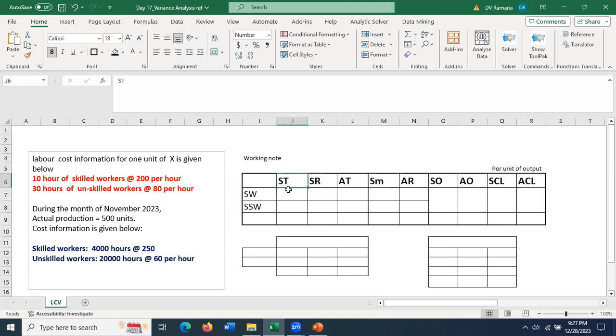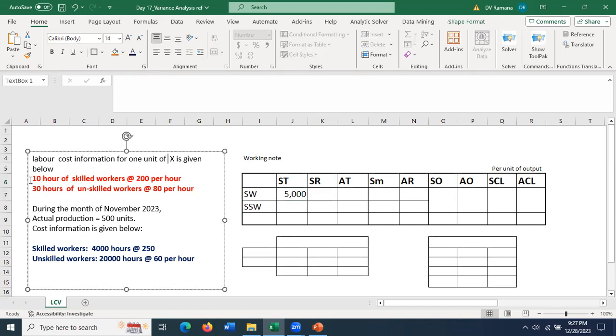So standard time, by definition, is the expected time for actual output. For example, it says that 10 hours of skilled workers are required to produce 1 unit. So for 500 units, the standard time required will be 5,000 hours.